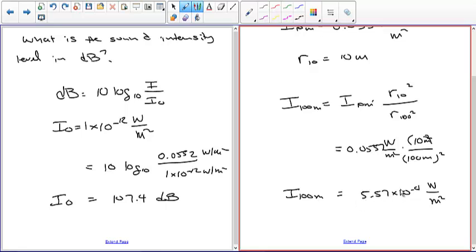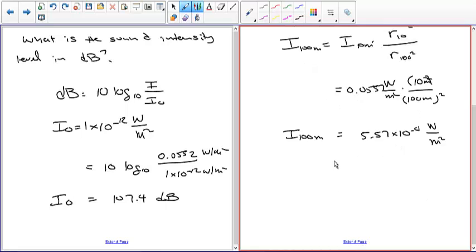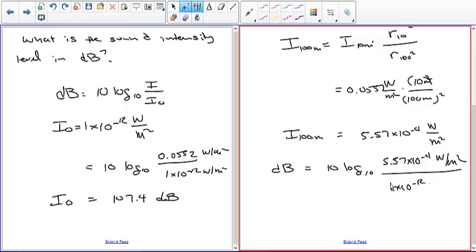Okay, so anyway, now let's see what the decibels associated with that are. So the decibels at 100 meters is 10 log base 10 of 5.57 times 10 to the minus 4 watts per meter squared divided by 1 times 10 to the minus 12 watts per meter squared.